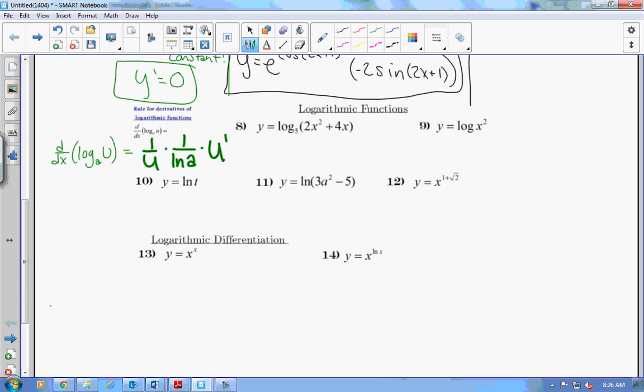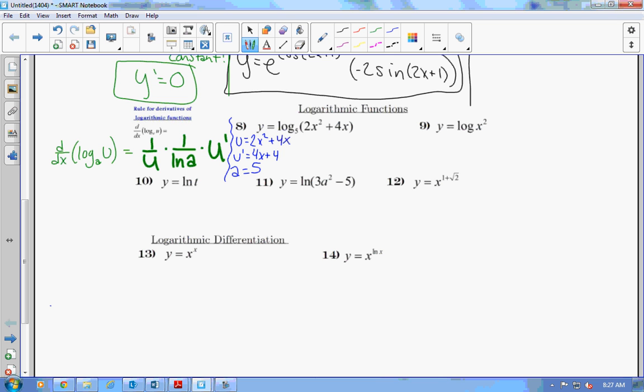Okay, so number 8. Let's find our u. What is u? 2x squared plus 4x. u prime, Alex, what's u prime? Good. And a represents our base on both the exponentials and the logarithmic functions, so a is 5. Great.